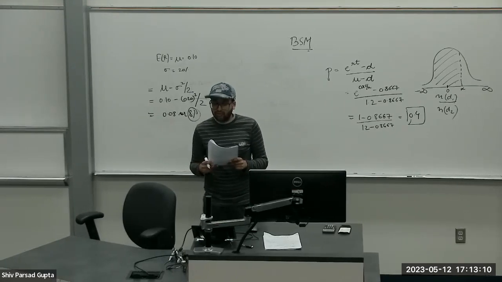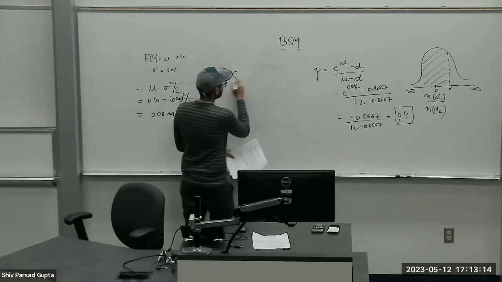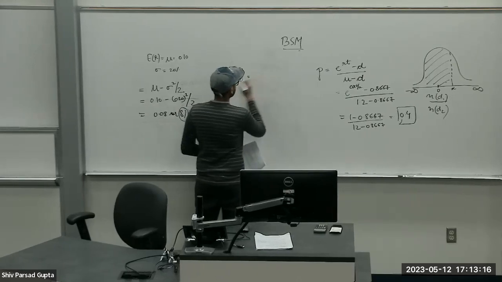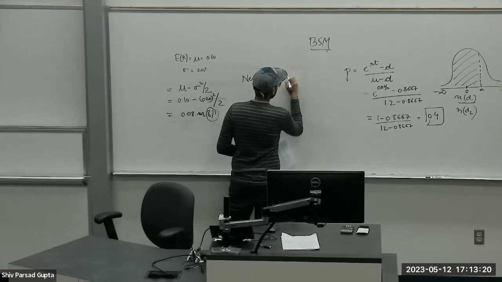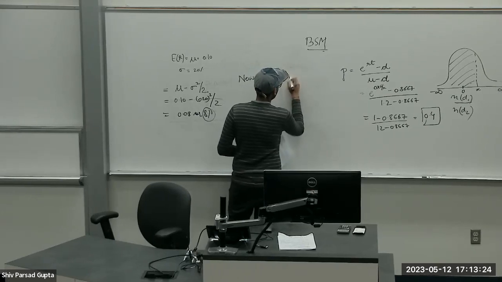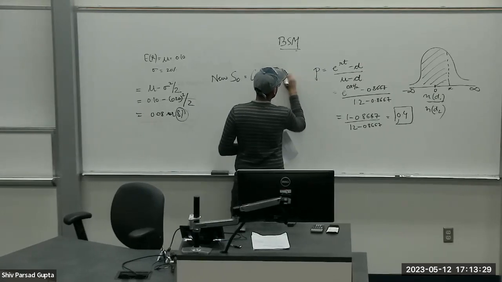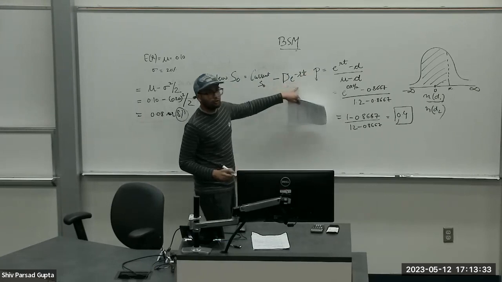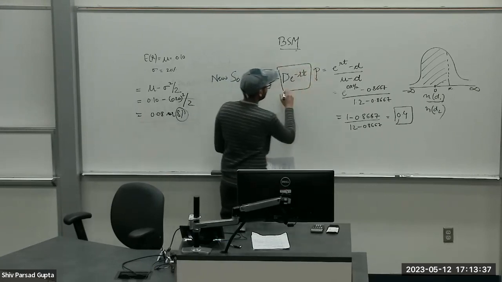Subtract the present value of the dividend from the stock price. How can you deduct that? So S naught will become like that. So the new S naught will be the current S naught minus the level of dividend times e to the power minus R. So this is how you calculate the present value of dividend.